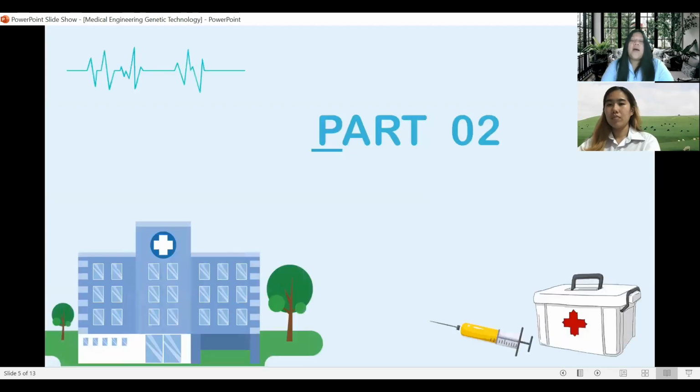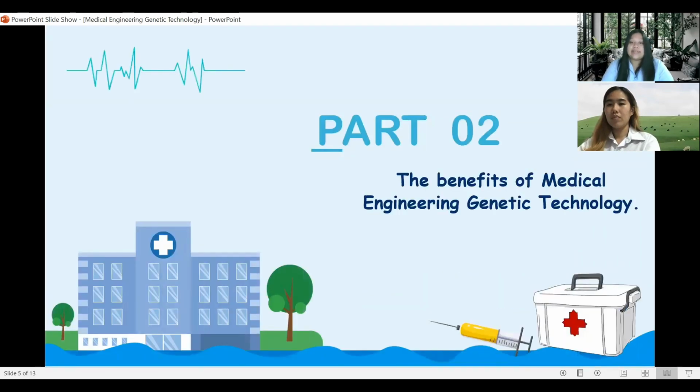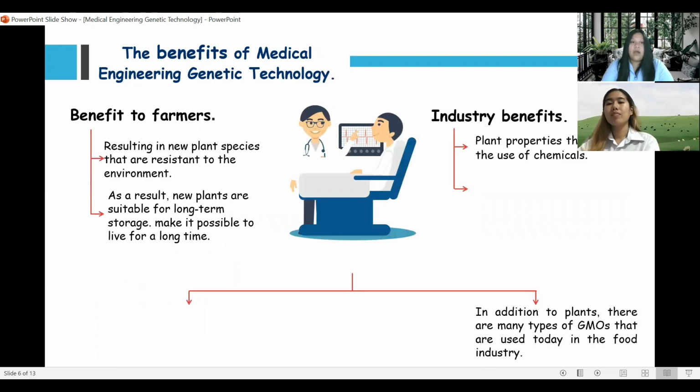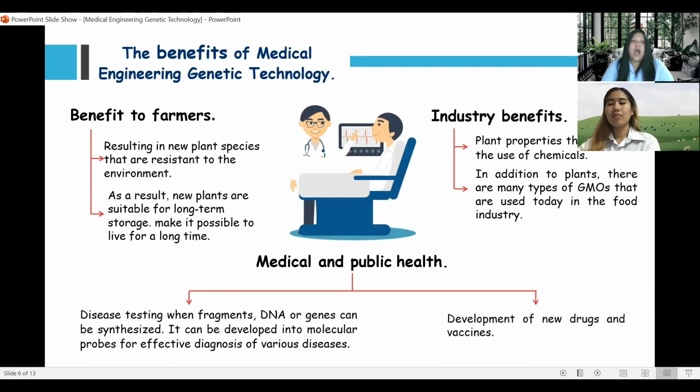Part 2. The benefit of medical engineering genetic technology. Benefit to farmers: researching new plant species that are resistant to the environment, and as a result, new plants are suitable for long-term storage, making it possible to live off them for a long term.